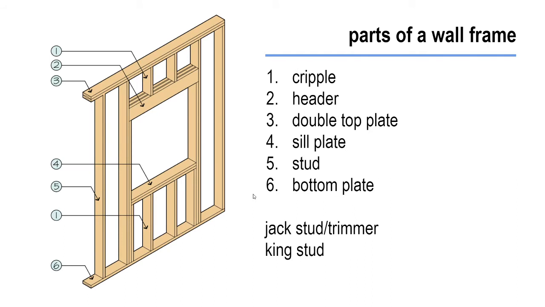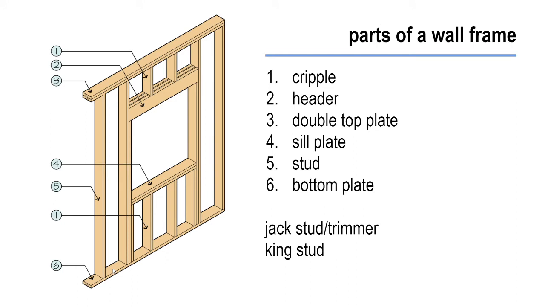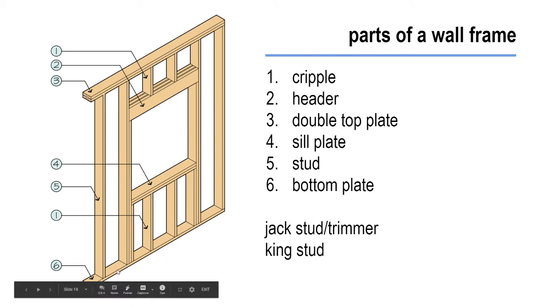Now for framing walls. There are different parts of a wall frame, and I just numbered them here based on the numbers this picture had on them. We start off with our bottom plate, which gets attached to our floor, which I go over in the next lecture on floors. Then spaced along our wall, we have our studs, which are typically spaced 16 on center.